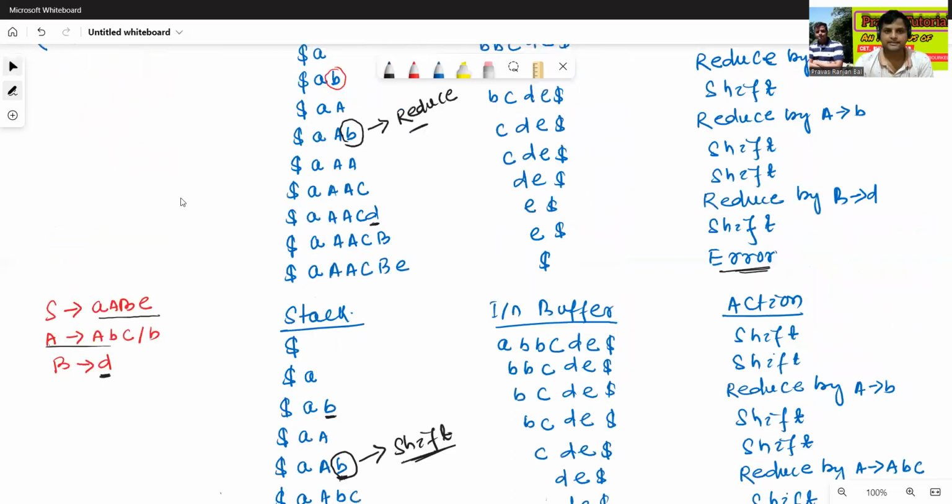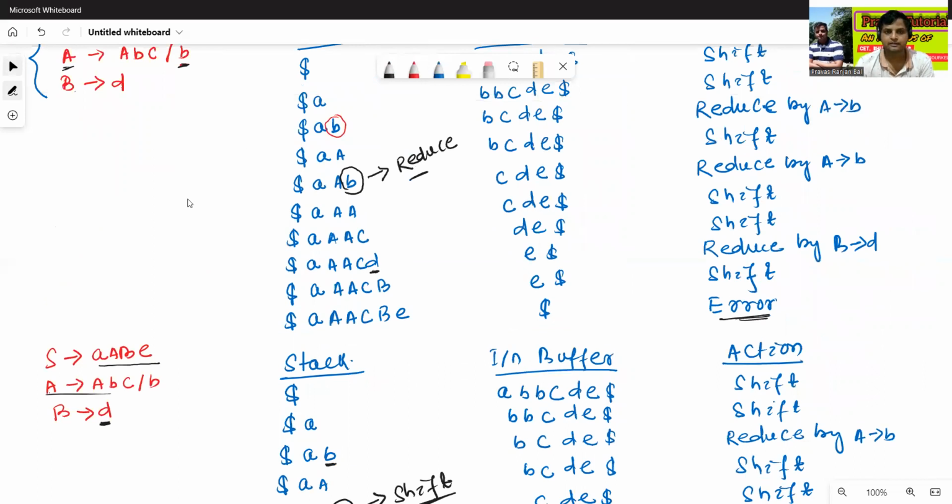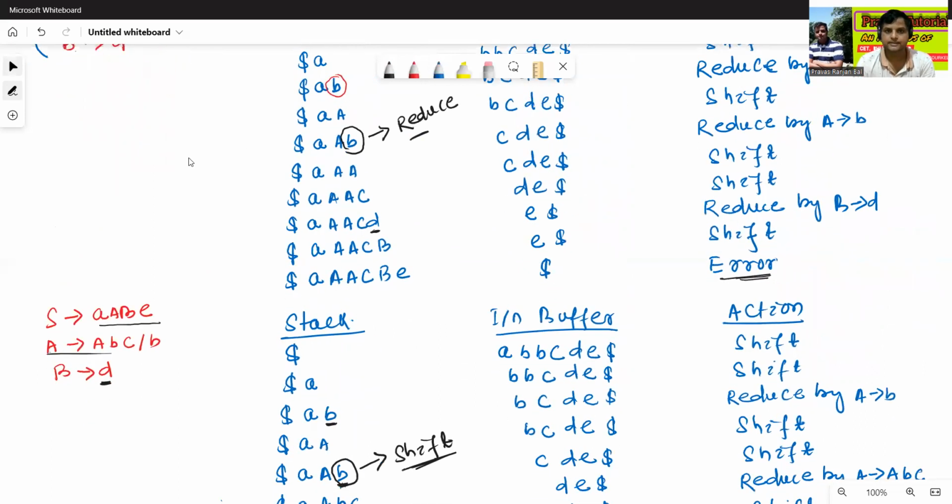But in the upper case, if I consider the reduce action, this is error. If I consider the shift action, it is accept action. So this situation is called SR conflict.